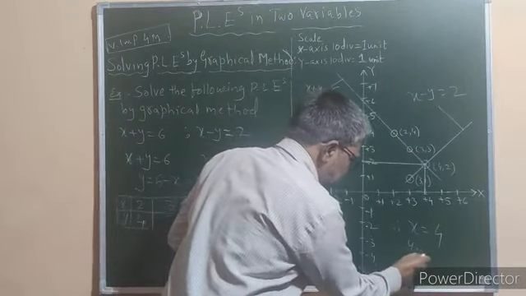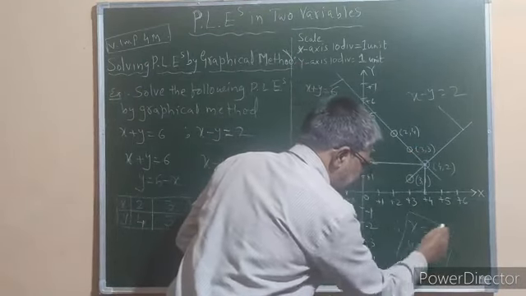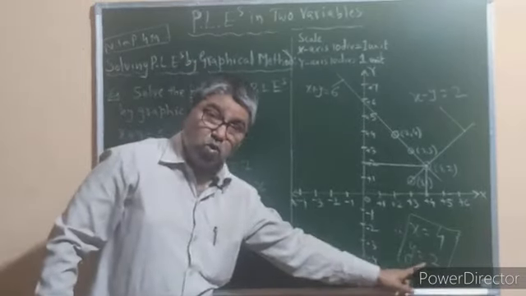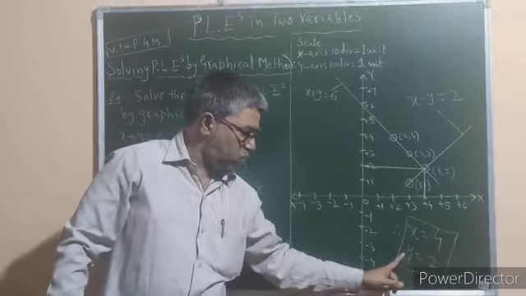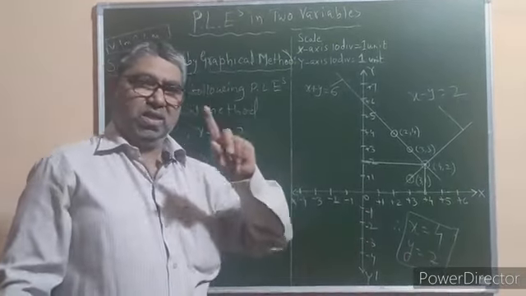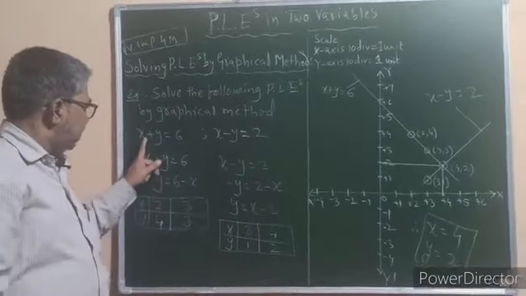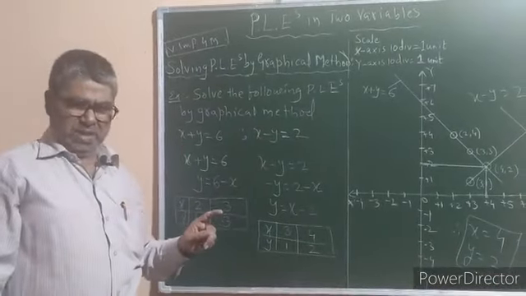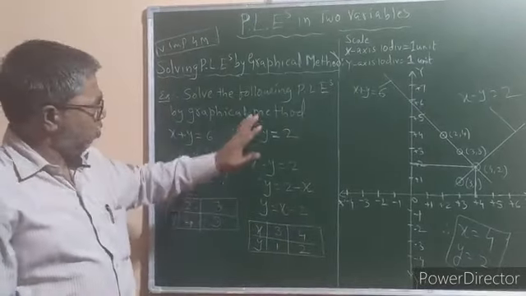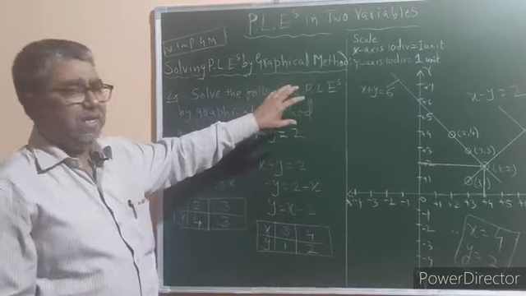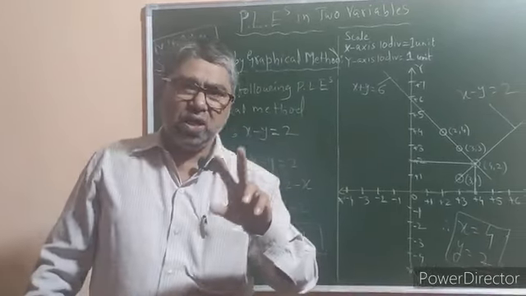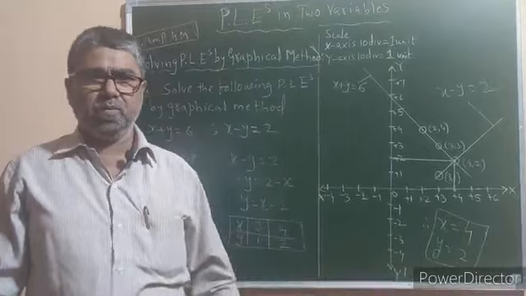So this will be the value of y, that is y is equal to 2. So x is equal to 4 and y is equal to 2 is called the solution set for the equations x plus y is equal to 6 and x minus y is equal to 2. So this is how graphically we solve the given pair of linear equations in 2 variables.